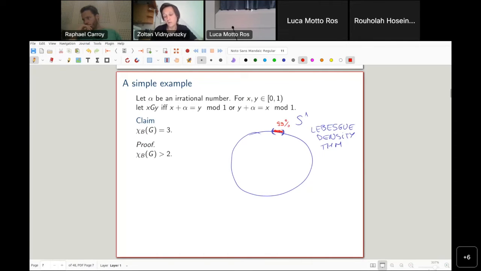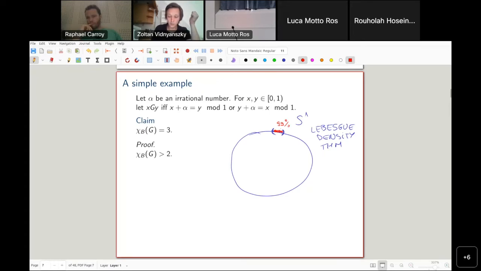If you like the Baire category theorem more, then you can say that you can find an interval in which one of the color classes is comeager. Okay. So by the Lebesgue density theorem, you can find an interval which is 99% red. But what is going to be the trick?